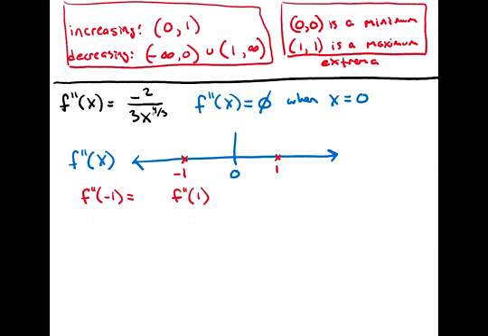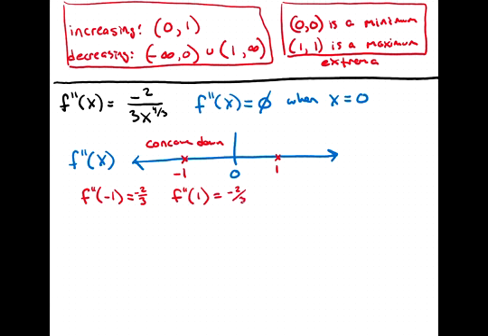If we plug in negative 1 into the derivative, we get a 3 on the bottom, because we're taking negative 1 to the 4th power, which is positive 1, and then the cube root of that is positive 1, so negative 2 over 3. And since the second derivative is negative, the graph of the function is concave down. Now on the right of 0, if we plug in positive 1, we get the same negative 2/3.